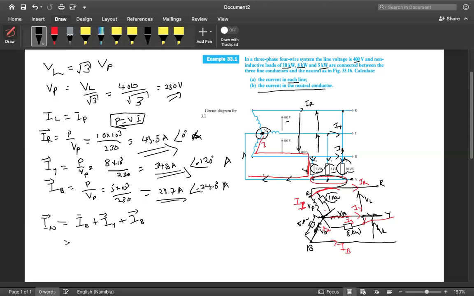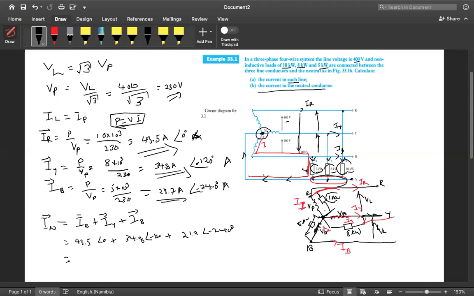Knowing that my IR is 43.5 angle 0, then this one is 34.8 angle negative 120, plus 21.7 angle negative 240.